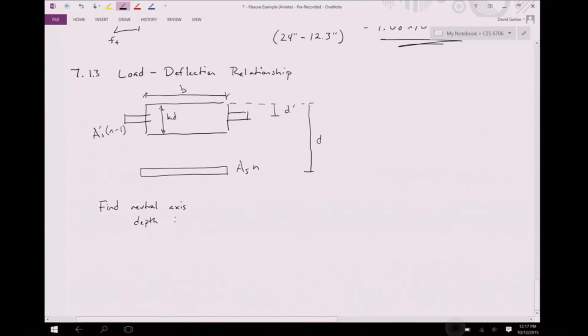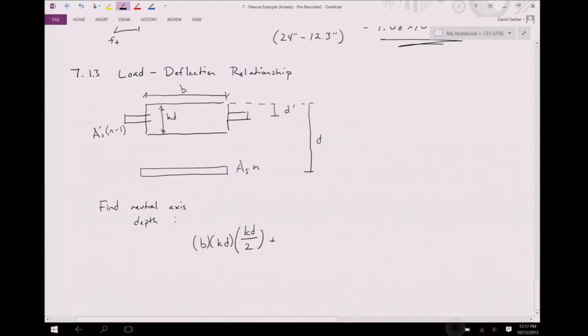So our neutral axis depth is going to be our area of concrete, B times KD, times KD over 2, the distance to the neutral axis from the centroid of that section.